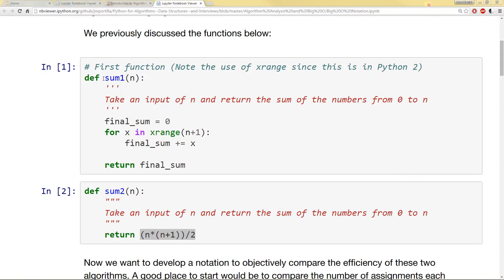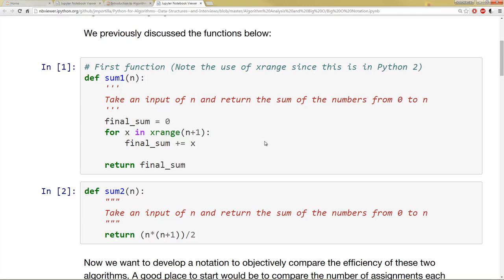If we look here, the original sum1 function will create an assignment n plus 1 times. We can see this from that xrange or range-based function. Just a quick note, since this is in Python 2, we're using xrange, which is just a generator, but range in Python 3 is the same.